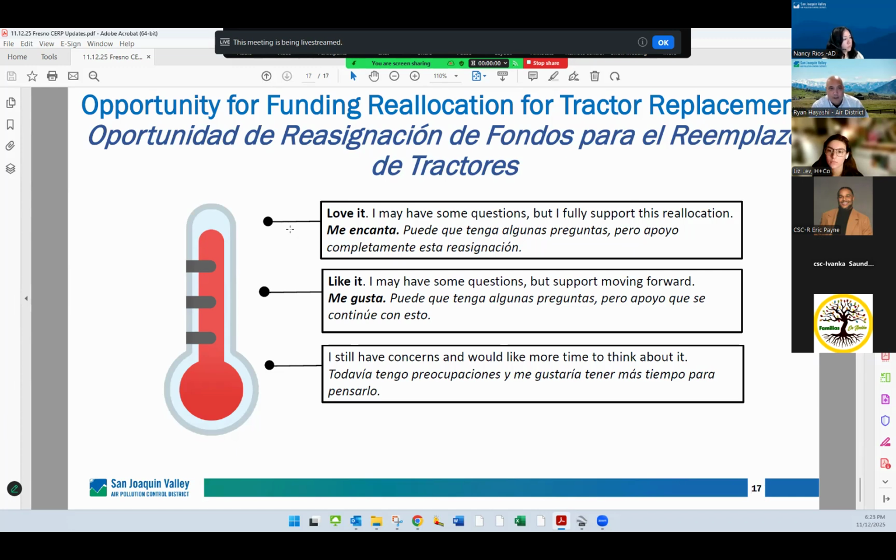I just go back to the whole reason why Fresno was selected, which was because there was a lot of emissions in the boundary. And the goal of the program in the beginning was to find ways to work with the community members to reduce those emissions, hopefully to the maximum extent possible.